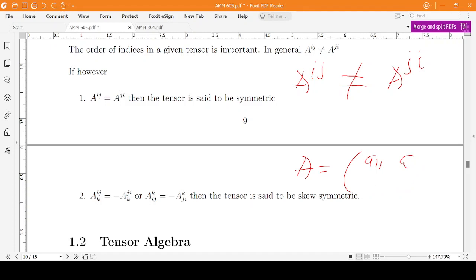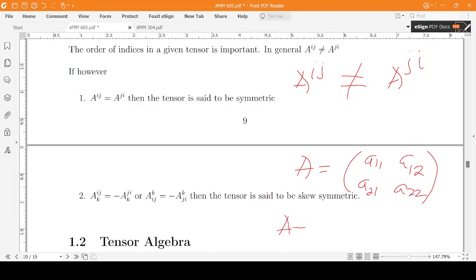Normally A12 is not the same as A21 in general.